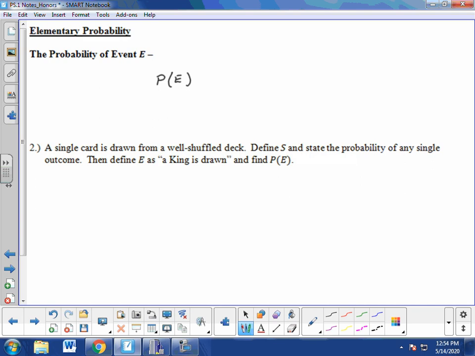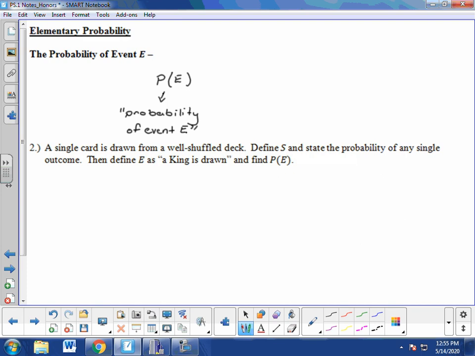This is kind of like our function notation, but P is going to stand here for probability. E we already denoted as event. So this we would say, if we were to speak it, is the probability of event E, whatever E is.